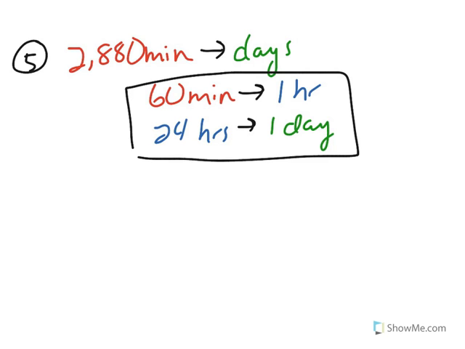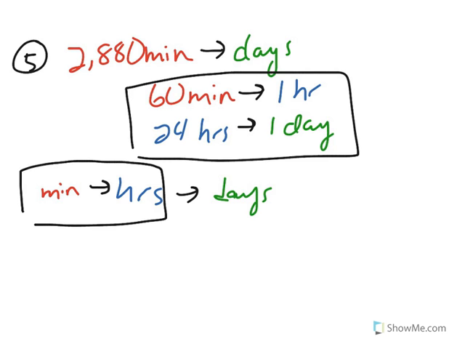So the game plan here is to start off with minutes, convert those minutes to hours, and then take those hours and convert them to days. So let's start with the conversion from minutes to hours. Set up your proportion here just like how you used to.